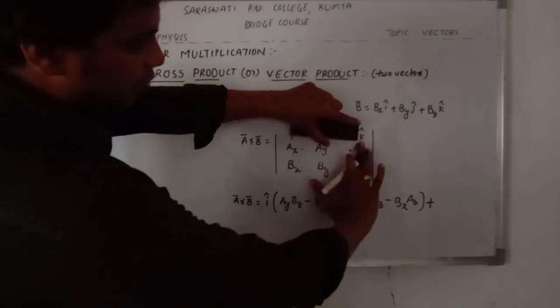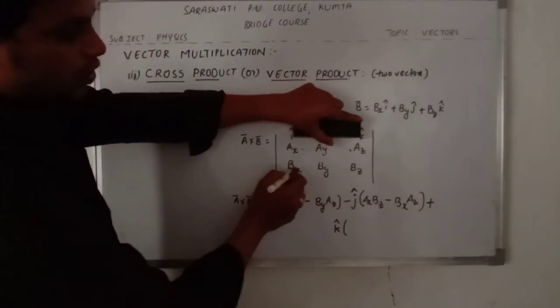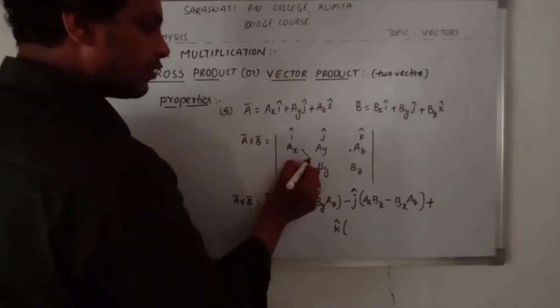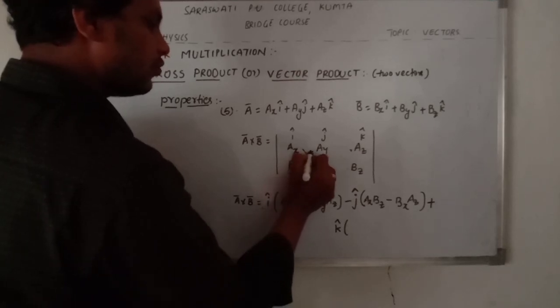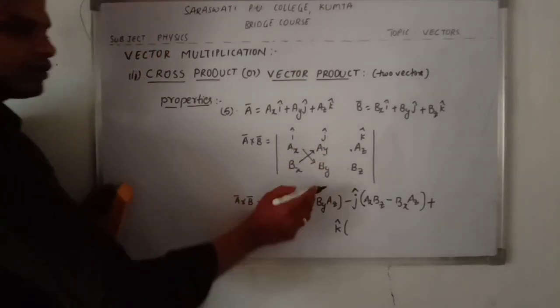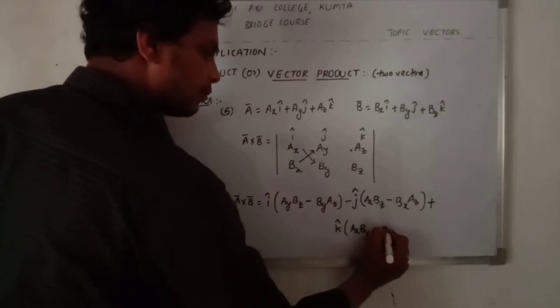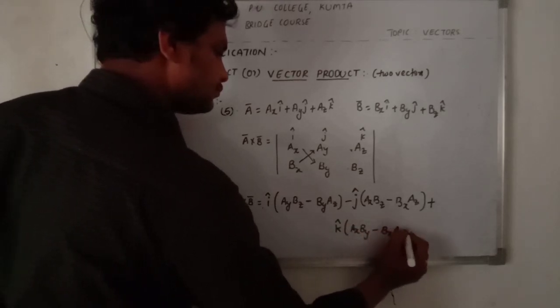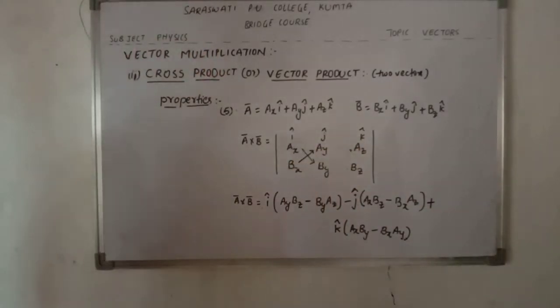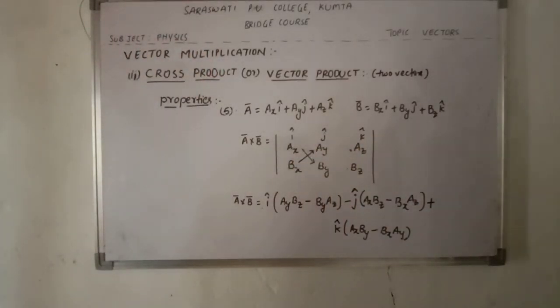If you neglect this row and this column, the four terms are ax, ay, bx, by. Now multiply these, then ax by minus bx ay. And this is the important formula to find the cross product of two vectors.